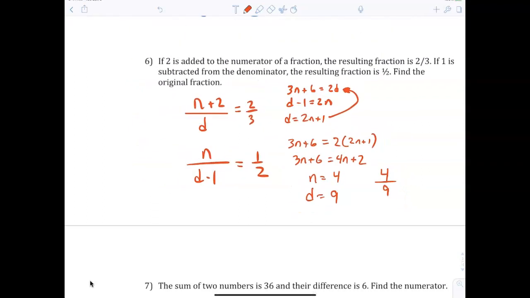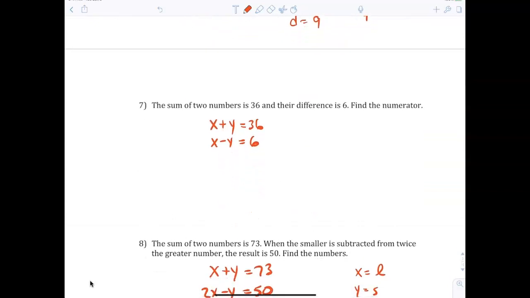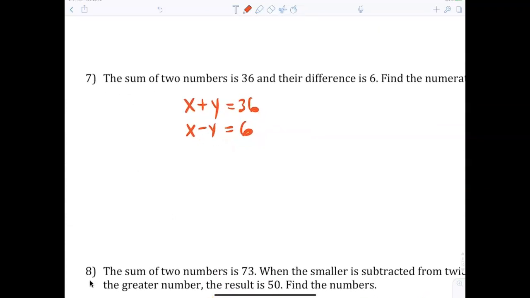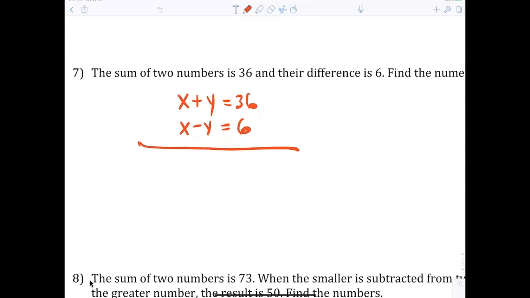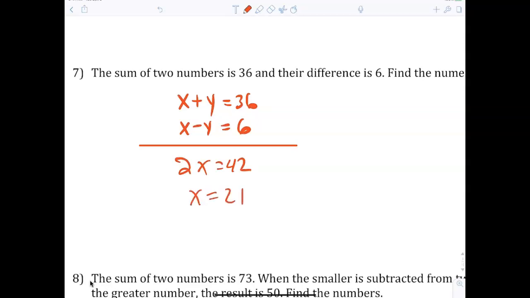What? Really? You just want to check your work. You can easily check your work by saying 21 plus 15 is 36. 21 minus 15 is 6. What?